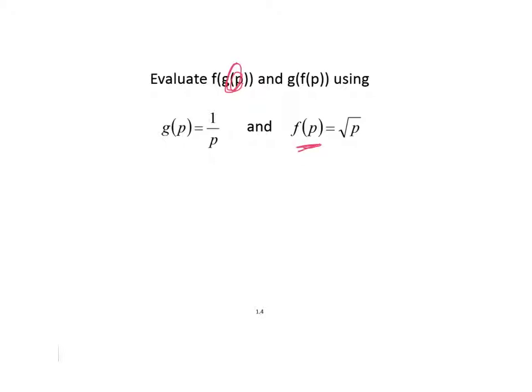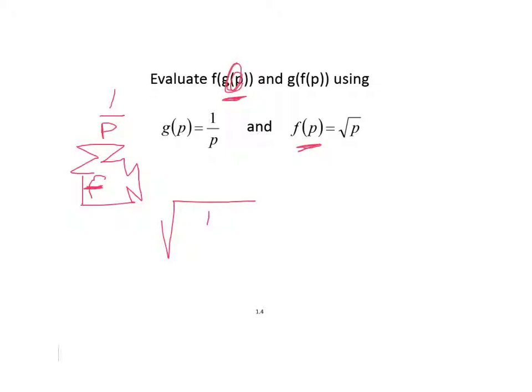If you think about the boxes, when you put the g of p into our f function, the notation's a little strange. Here's our f function, which is square root of something, right? So we're now dropping in the g function, because that's the inside function, which is 1 over p. So it goes inside that f function.